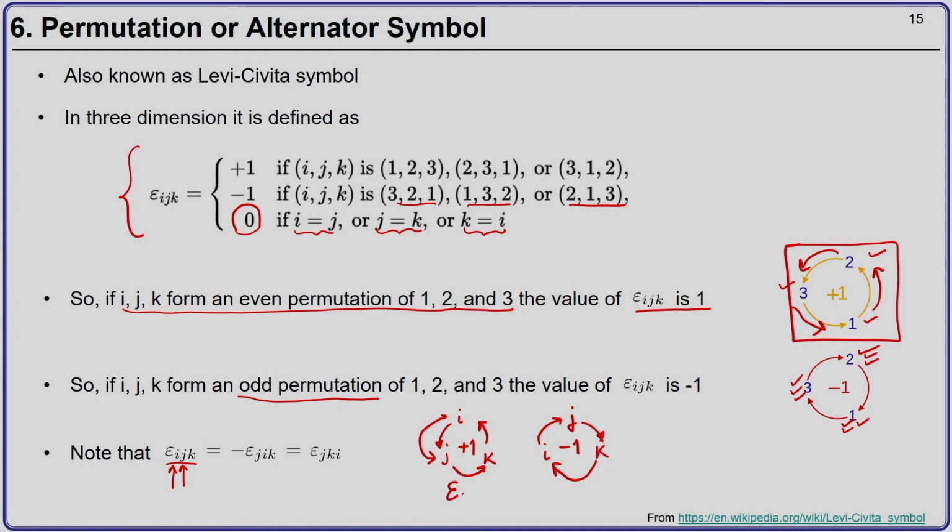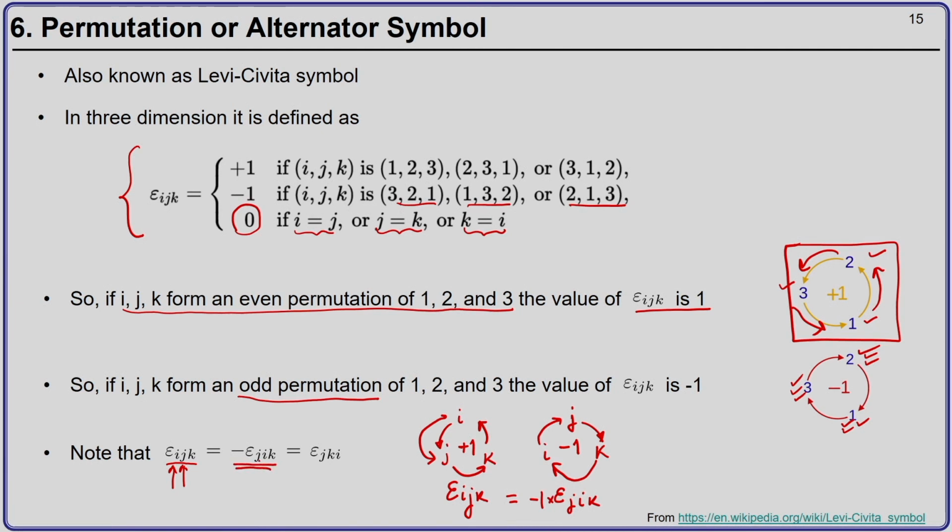So, this was epsilon i, j, k and this is epsilon j, i, k. The value of epsilon i, j, k is +1, and epsilon j, i, k is -1. So, epsilon i, j, k will be equal to -1 times epsilon j, i, k, and that is what you have here.